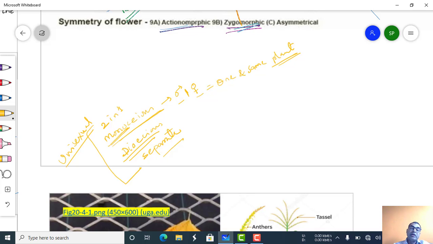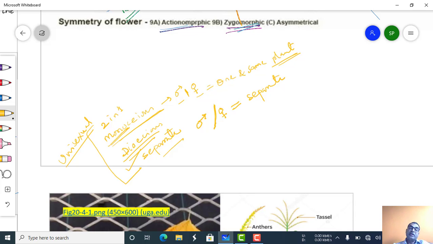Okay, while in a dioecious plant, the male and female flowers are separate and they occur on separate plants, then the plant is said to be dioecious.